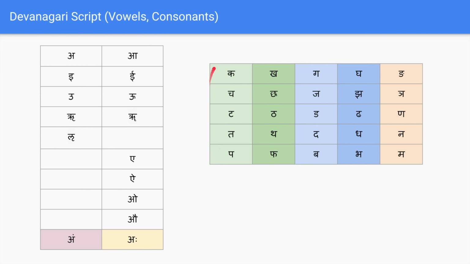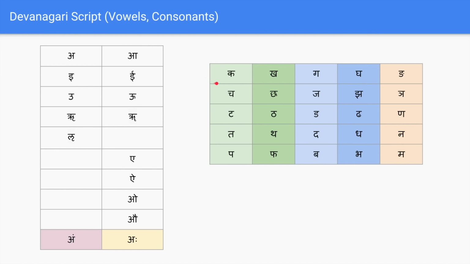Okay. And the columns: the first two columns are hard consonants, and the second two columns are soft consonants, and the last column is Anunasika, the nasal consonants.